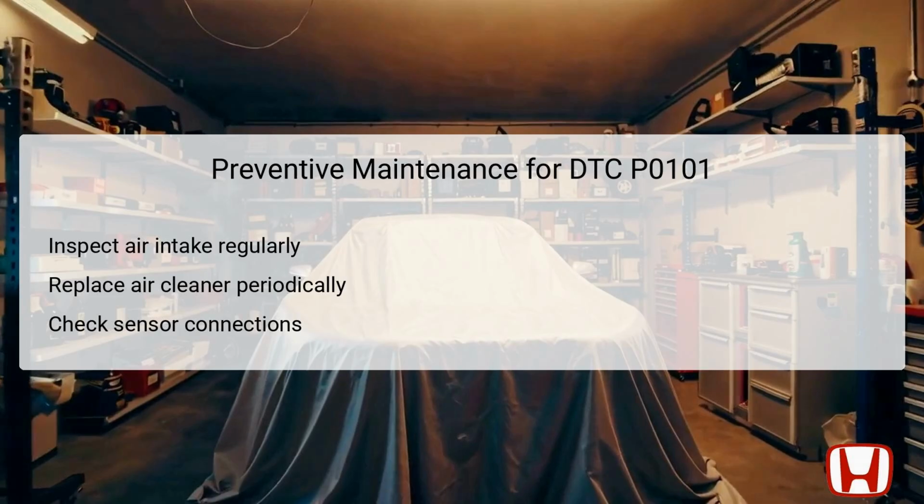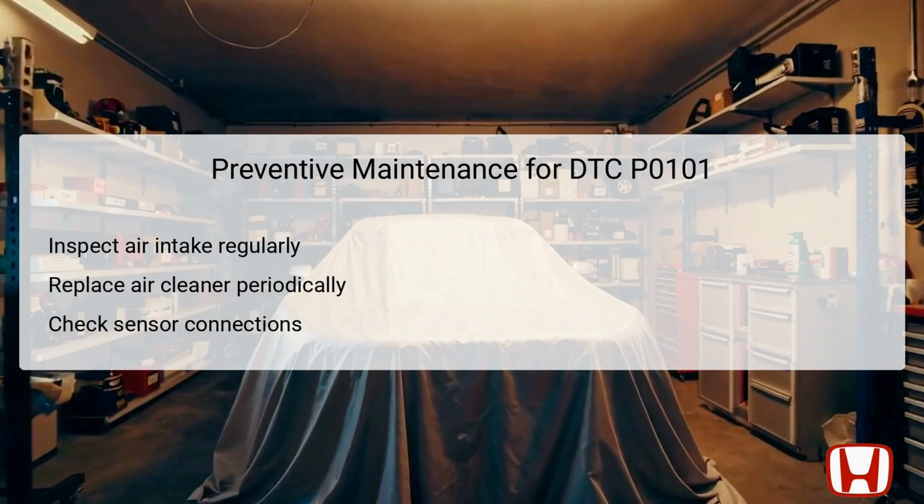Preventive maintenance plays a vital role in minimizing the recurrence of issues related to DTC P0101. Regular inspections of the air intake system help ensure that components such as the MAF sensor and air cleaner remain in good operating order. It's recommended to replace the air cleaner element at regular intervals, as a clean filter is essential for optimal airflow to the engine.